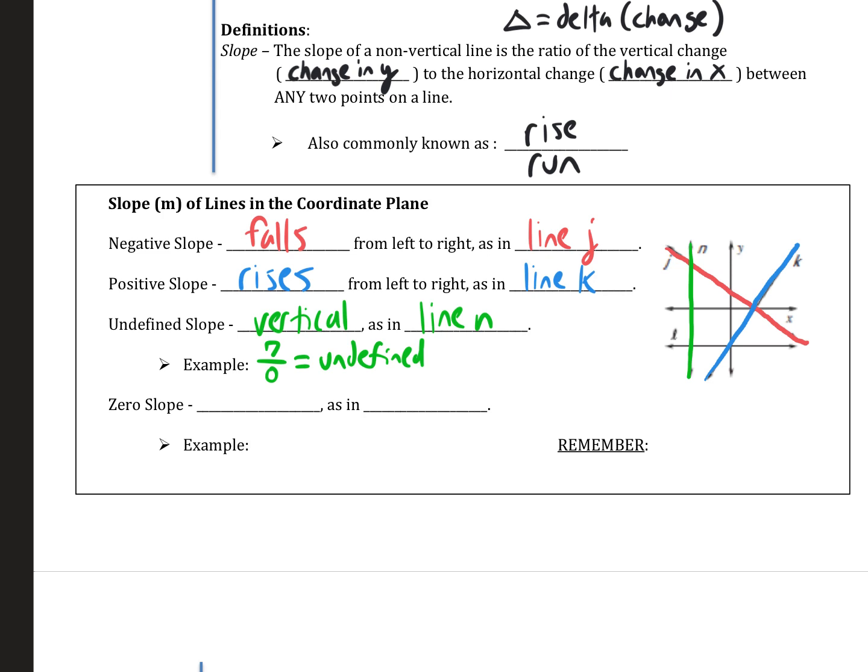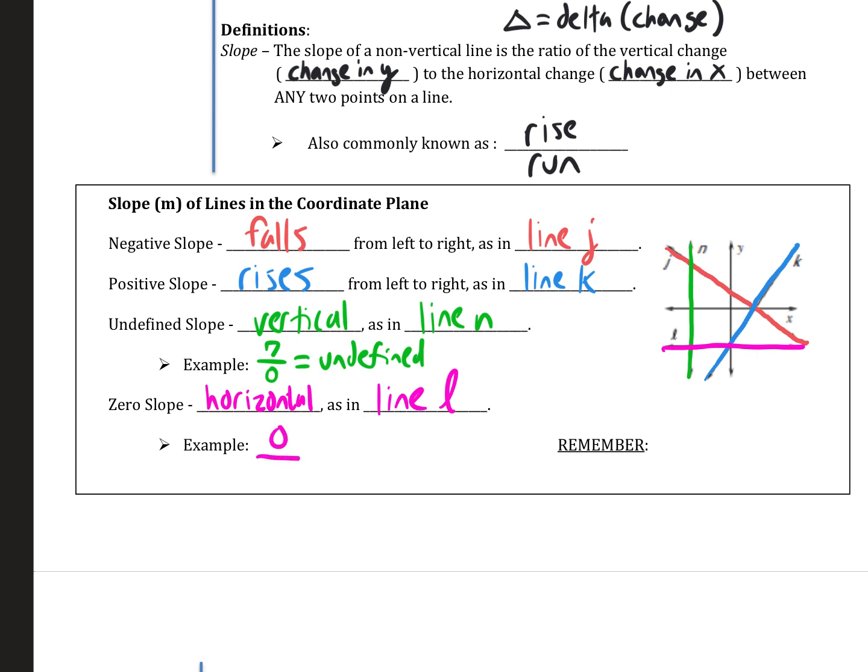And then the last one we have is a zero slope. The other one was vertical, this one's going to be horizontal. Which one is horizontal here? We have line L right there. The reason why it is 0 is because the rise of a horizontal line is 0.